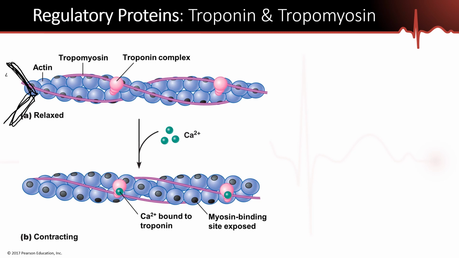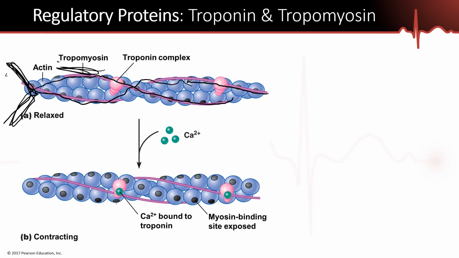Now, look at this. There is this little strand-like protein that runs along the actin filaments. It actually runs along the two F-actin strands. First of all, its name is tropomyosin.